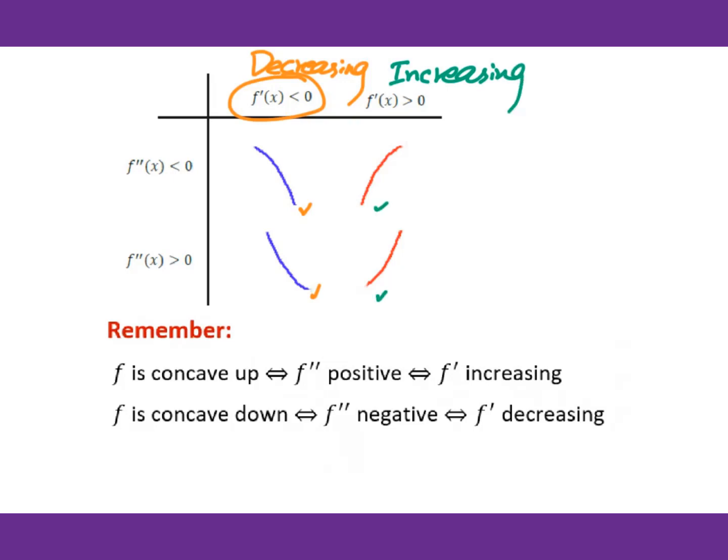Second derivative less than 0 means concave down, like these two. Second derivative greater than 0 means concave up, like these two. How to remember that?